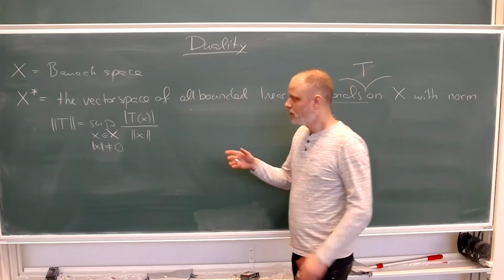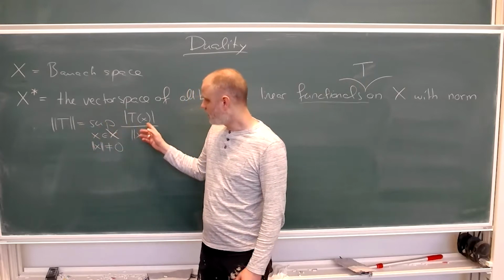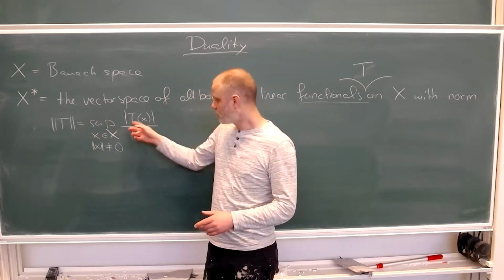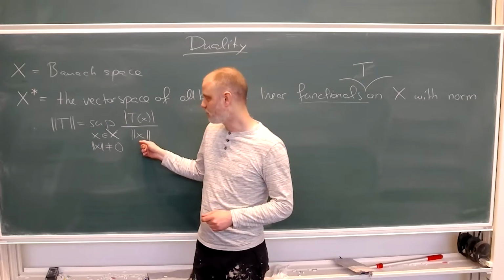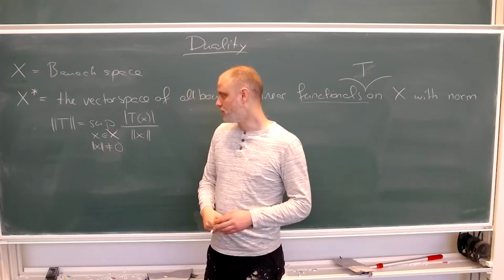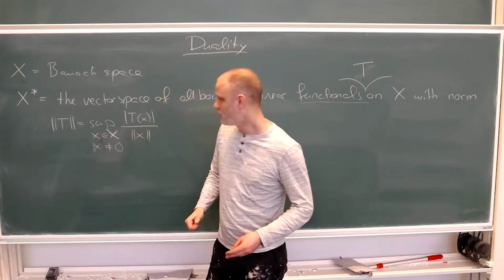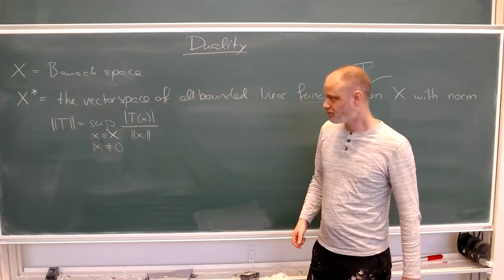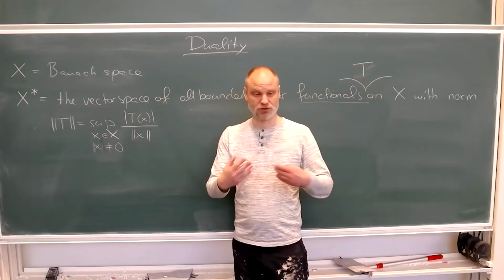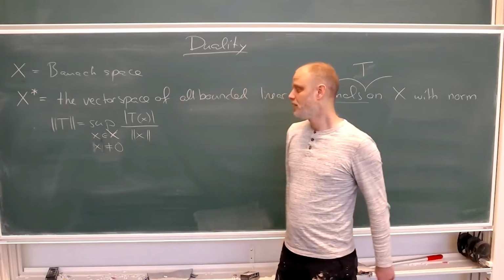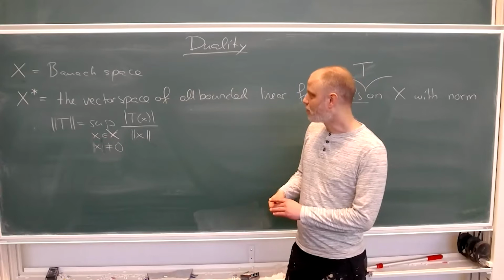But anyways, the supremum: we take T(x), look at the value of that in modulus, and then divide by the norm of x. And since we're not allowed to divide by 0, x should not be the zero element. We know that the norm of x is non-zero in a Banach space, so x is not equal to 0. And what then does bounded mean?